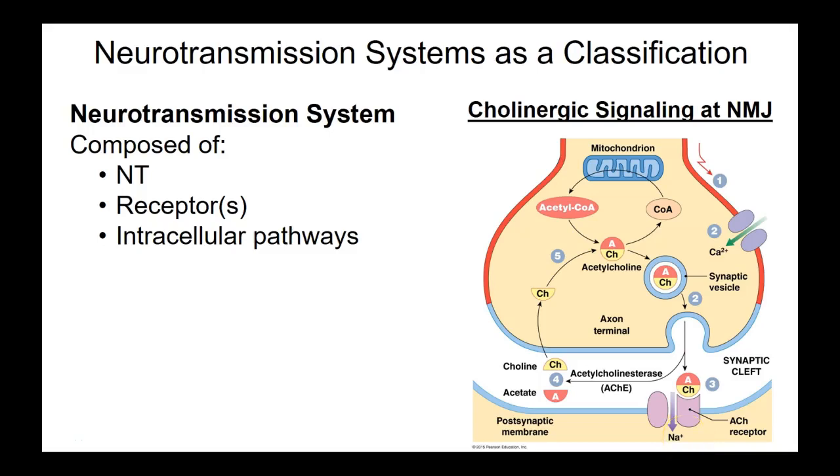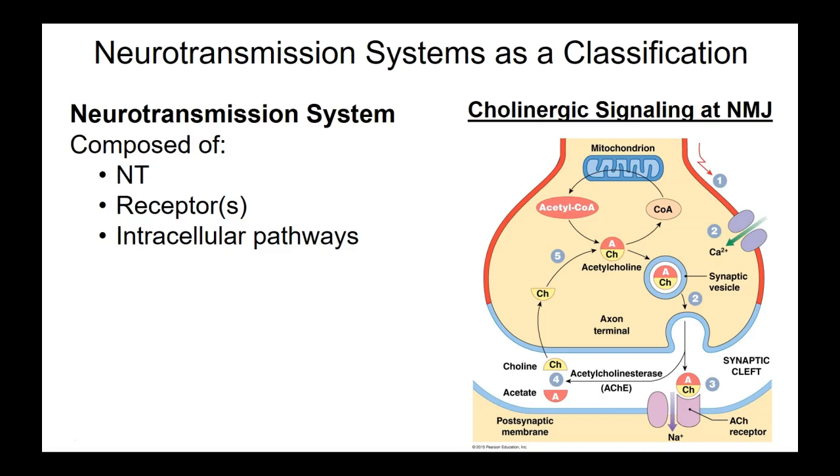I'm going to start with where we left off last time, which is looking a little bit at neurotransmitters. And remember, you can think about this whole neurotransmitter receptor as well as the intracellular pathways as a whole system, right? And so here we can talk about this whole system of neurotransmitter receptor and intracellular pathways.